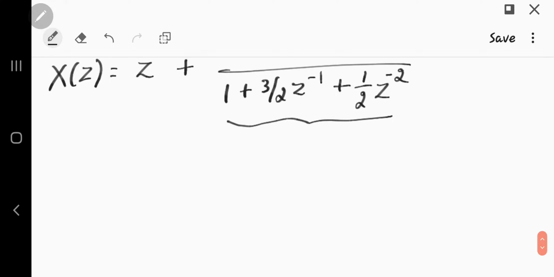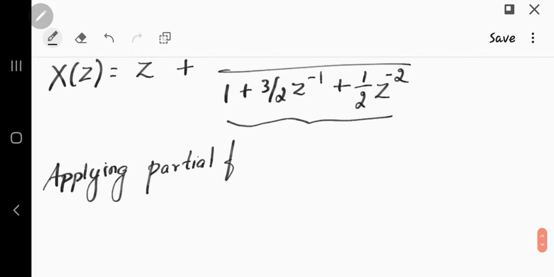So before going to that, x1 of z, let's write it like applying partial fraction for the second term.